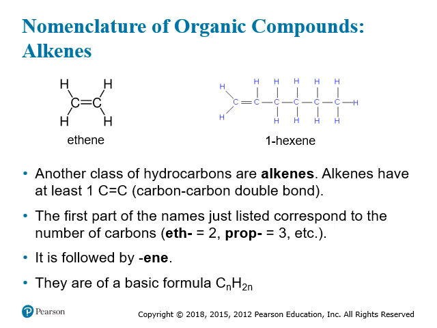And alkenes are typically of the formula CnH2n. So there are twice as many hydrogens as there are carbons. If you look at the formula for ethene, it is C2H4. If you look at the formula for 1-hexene, we see C6H12.